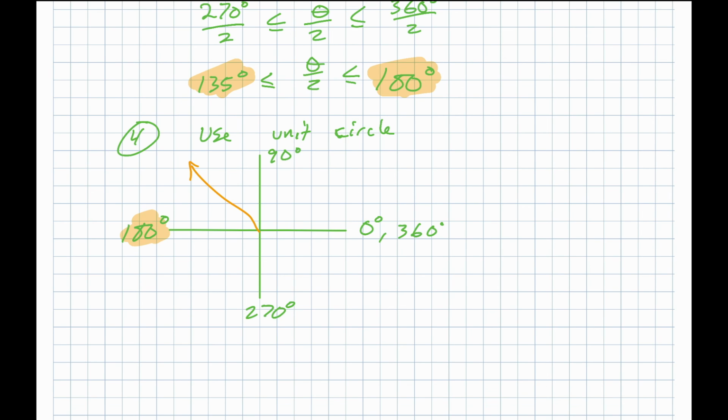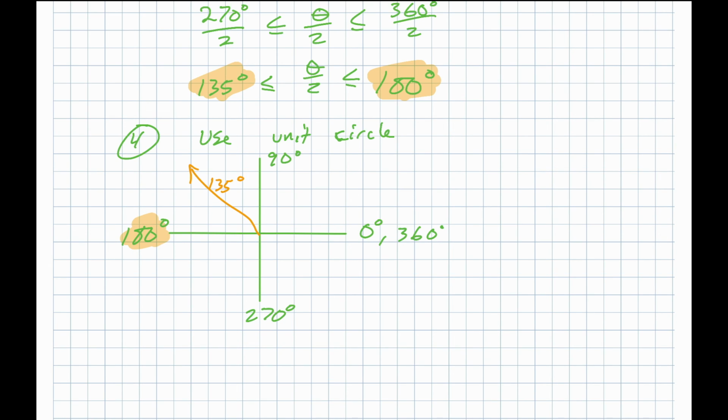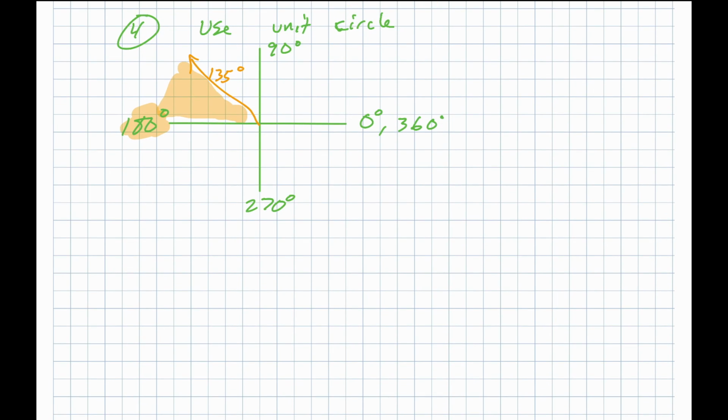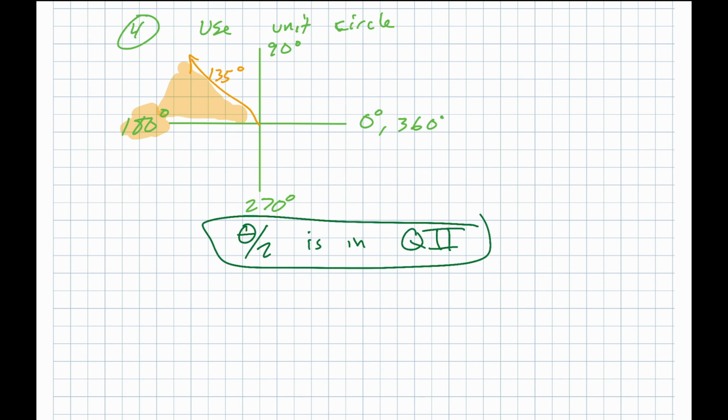So it's like right here or something, right? So you're right here. That's where you are. So what quadrant are you in? If you're in between 135 and 180, you're here. This is quadrant 2. Right? Theta over 2 is in quadrant 2.